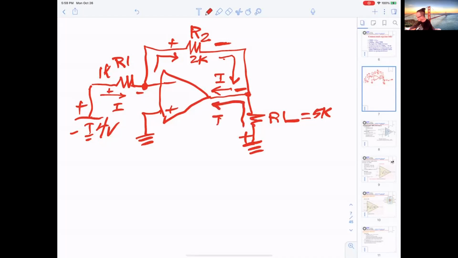That's what they call high load. That is the whole picture of how the current flows in the inverting amplifier. Any question or confusion, let me know.